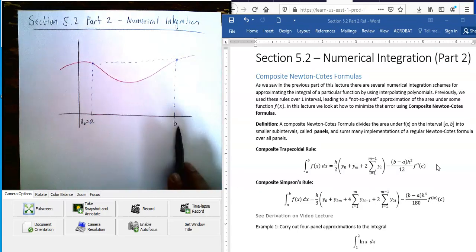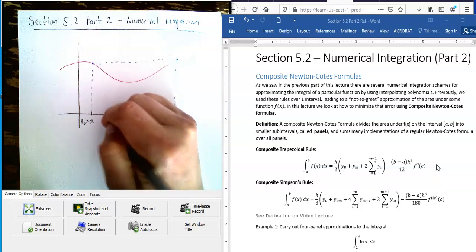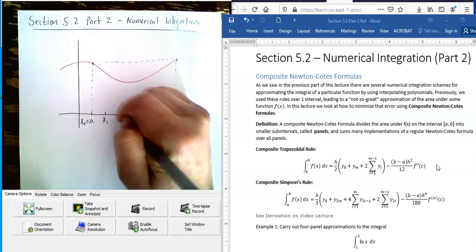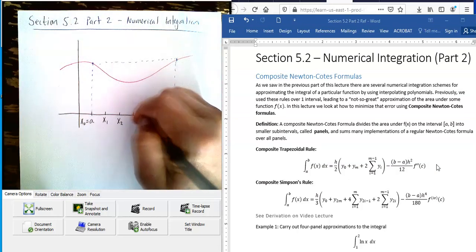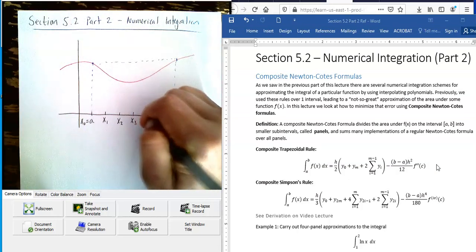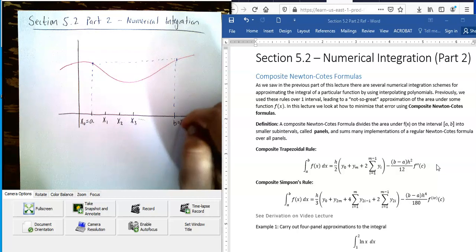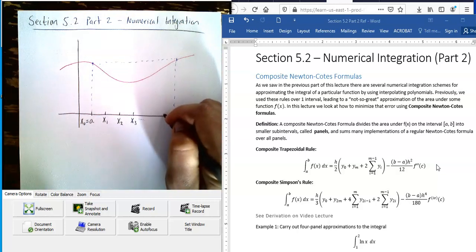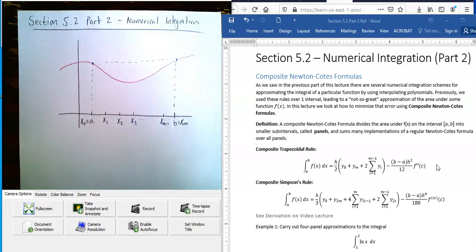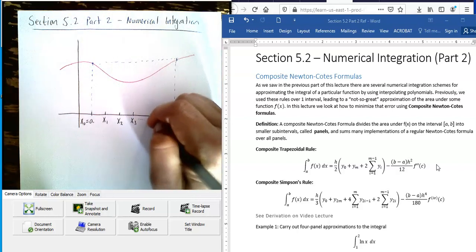And then I'm going to say next x is x1, and then x2, and x3, and so on. Let's call this guy xm, okay? So the one right before that would be xm minus 1. And the one right before that would be xm minus 2.